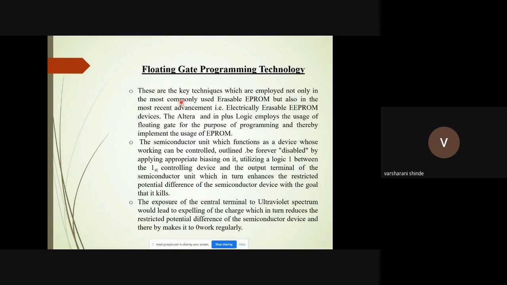The semiconductor functions as the device that controls, and there is forever disabling by applying appropriate biasing on it and utilizing logic 1 between the first controlling device and the output terminal of the semiconductor.